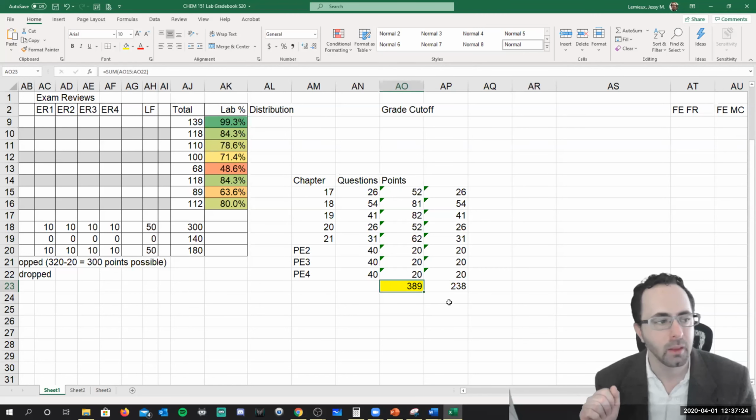The syllabus says 300 exam points, 300 assignment points, but I have made all of the assignments such that there will be 389 points available. So if you get 300 of the points, that's the 300 normal points, but there will also be up to 89 extra credit points.